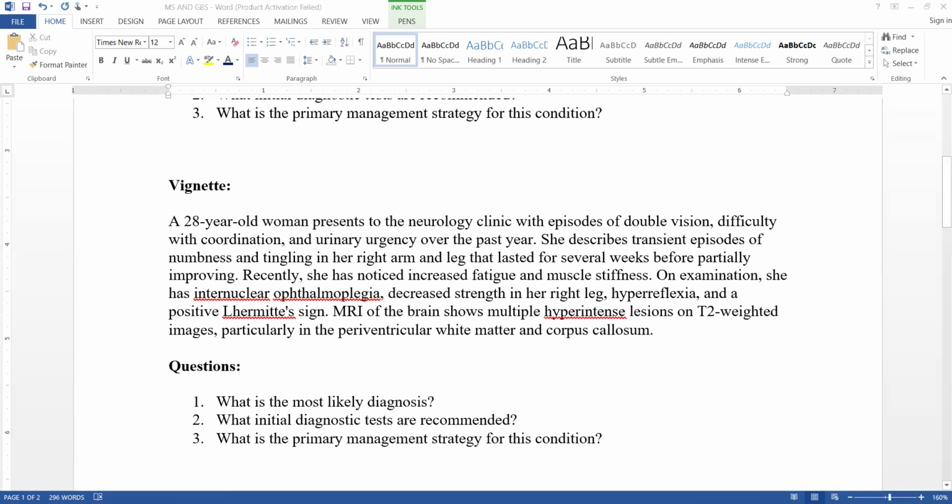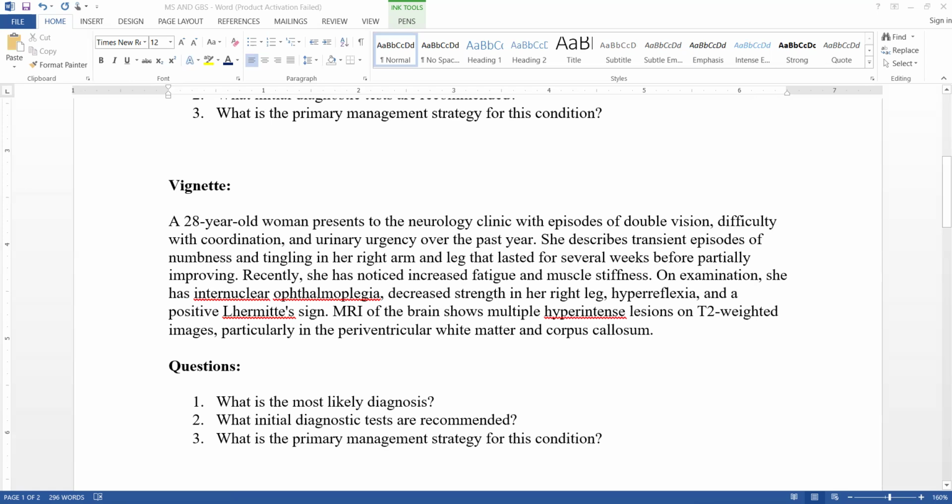A 28-year-old woman presents to the neurology clinic with episodes of double vision, difficulty with coordination, and urinary urgency over the past year. She describes transient episodes of numbness and tingling in her right arm and leg that lasted for several weeks before partially improving.